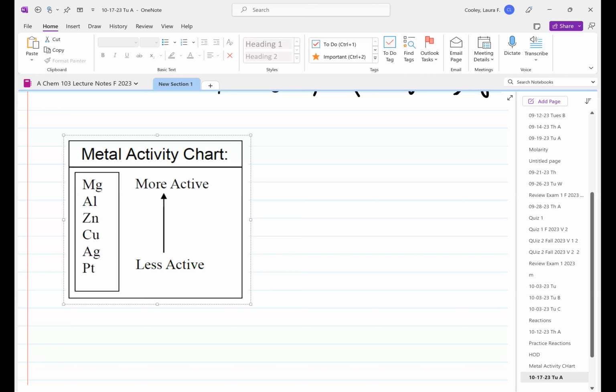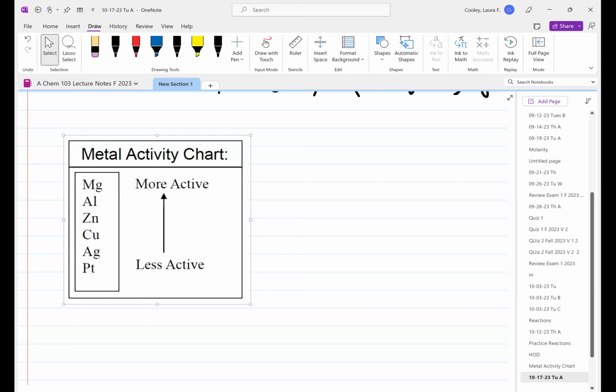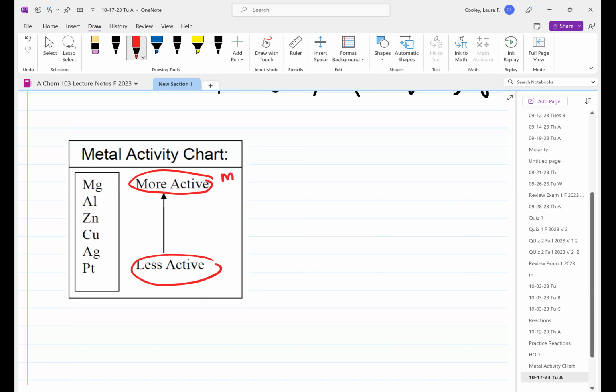That is a short list of metal activities. And so you see the way it's arranged here. The more active metals are on top, the less active metals are on the bottom. So every metal here is more active than the ones underneath it, okay? And more active means more easily oxidized, and less active means less easily oxidized. So we can use this chart to figure out if certain reactions will occur or not. Okay, let me show you how we do that.